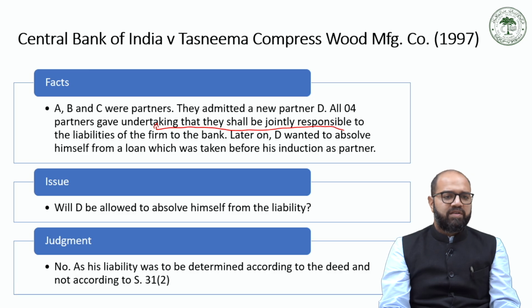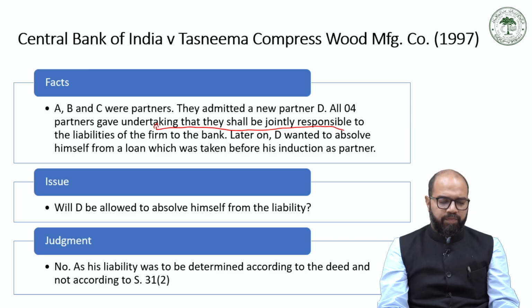So the judgment in this case was that D will not be allowed to absolve himself from the liability, and as such D would be liable, as his liability is to be determined according to the deed and not according to the default rule that is contained under section 31 clause 2.